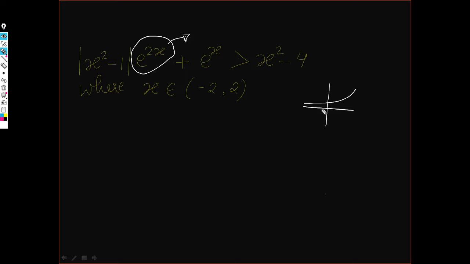You can see here, for each and every input, for each and every x, the value of e to the power x, the value of this exponential function, is always positive. For example, if we take for the time being the input x1, its value will be somewhere here, and if we take x2, its value will be here.